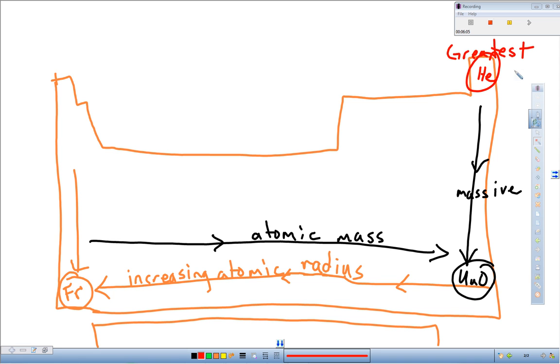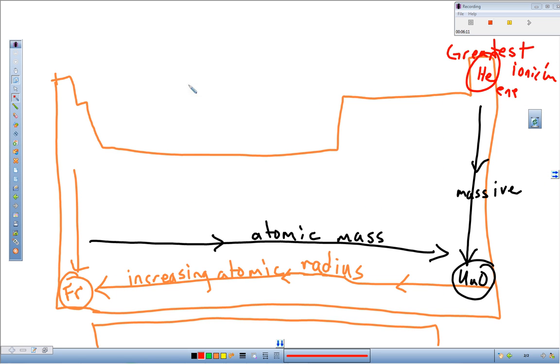Greatest ionization energy. That means it's really hard to make an ion out of helium. You have to pour a lot of energy into the reaction to pull that electron off, the most energy out of any other element on the periodic table. Helium holds onto its electrons stronger than anybody.